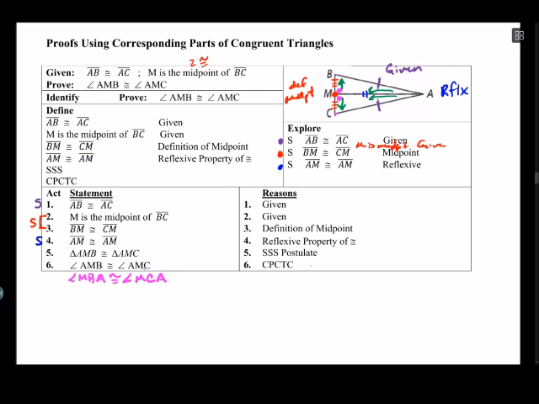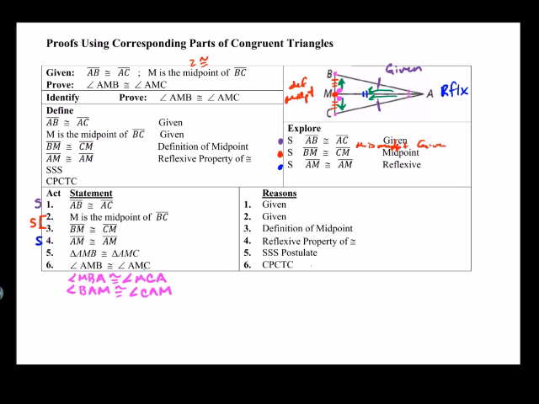That would be those points there. We could also prove that angle BAM is congruent to angle CAM. And those would be the ones up here at the top.